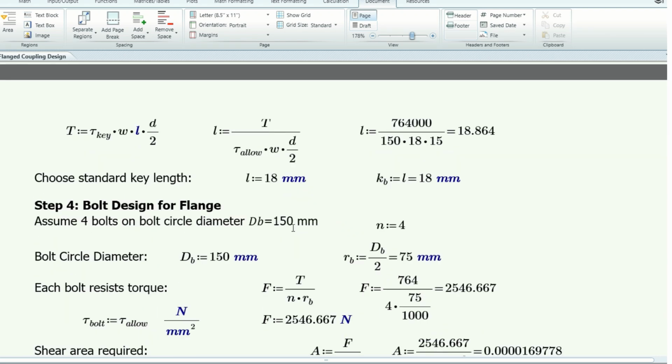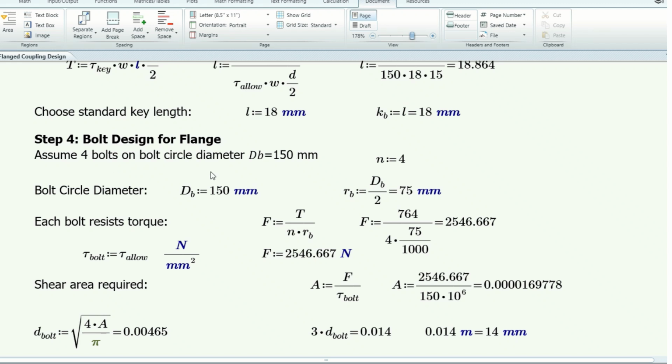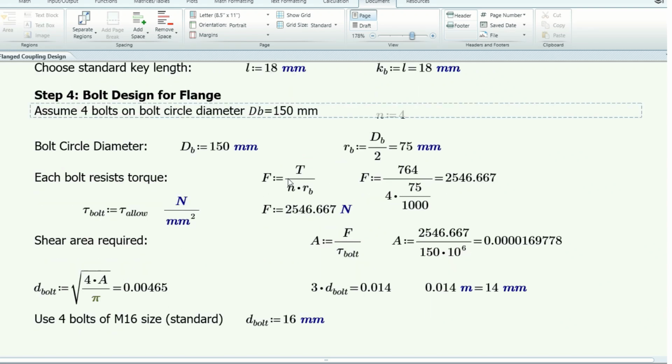Square key. And bolt design. Pitch diameter, let's assume that as 150 mm, and we have 4 bolts. The pitch diameter is the bolt circle diameter, PCD.